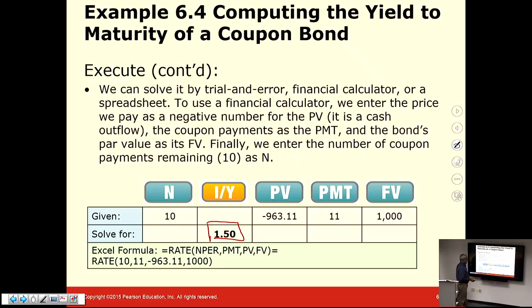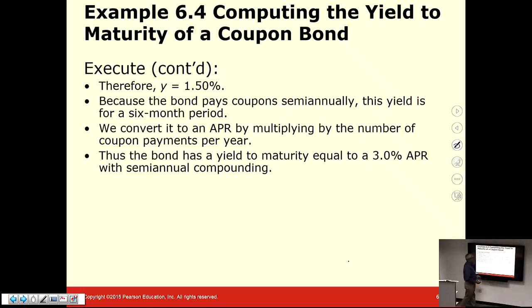So this N is 5 times 2. This 11 is 22 divided by 2. And 1.5 multiplied by 2 would be 3%. So yield to maturity is 3%.